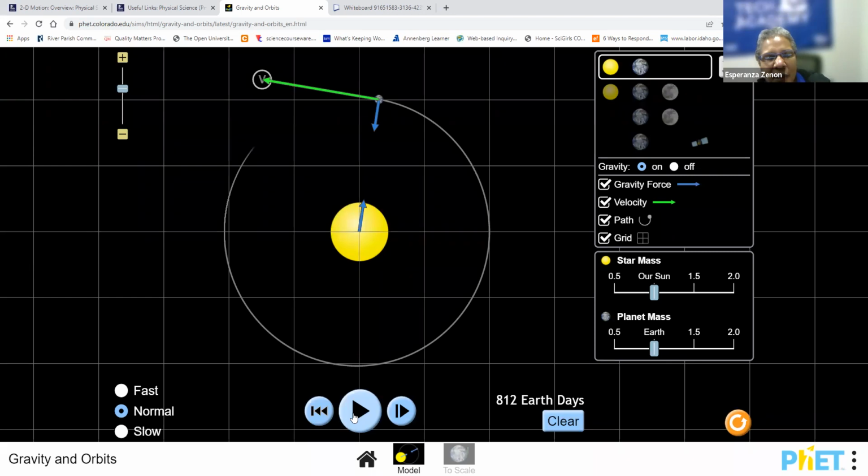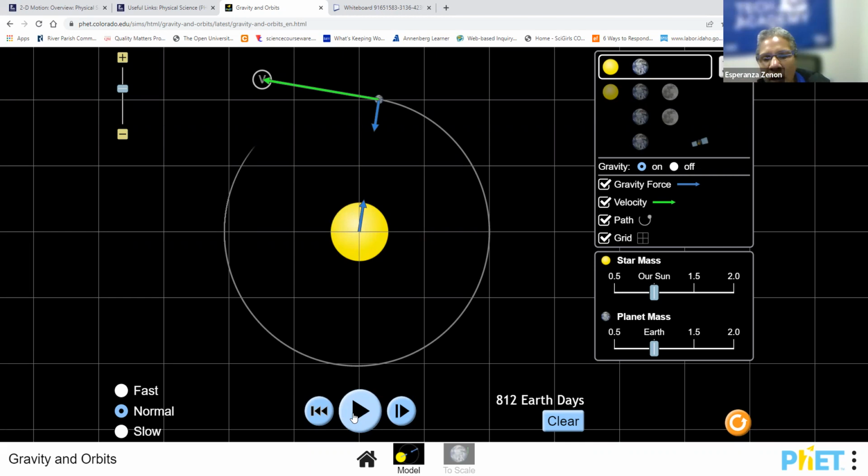So this object is accelerating without having to hit the brakes or hit the gas. It is accelerating because if you think about it in terms of a car, we're turning the steering wheel. So we're changing the direction that the velocity points in, producing an acceleration, the blue arrow.